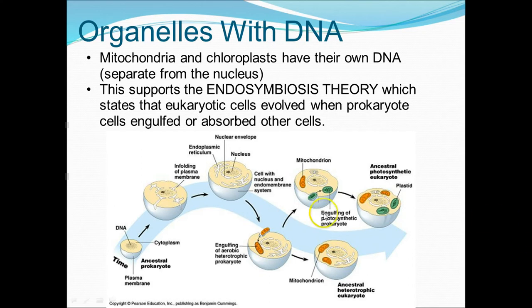So it's essentially like saying that the mitochondrion and the chloroplasts existed by themselves as their own cell, and then they got engulfed in a different prokaryotic cell and kind of adapted to make the eukaryotic cell that contained these other things.